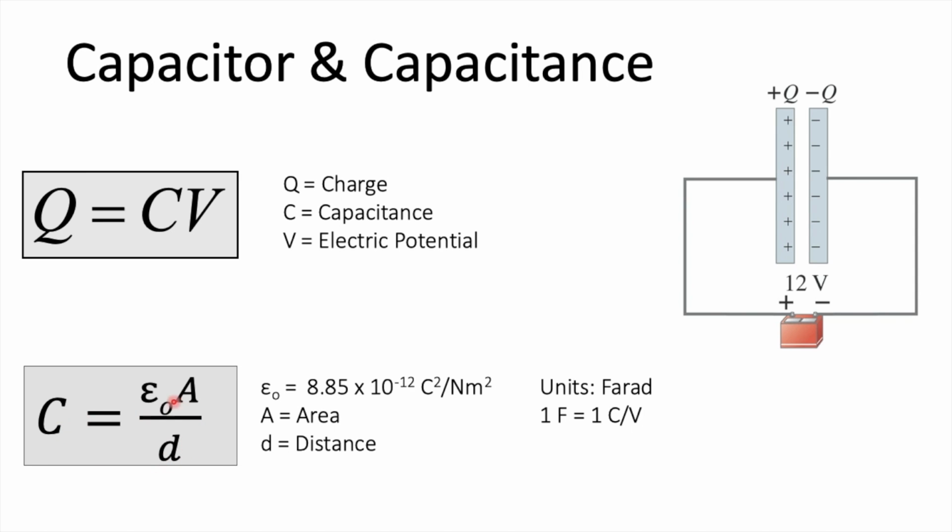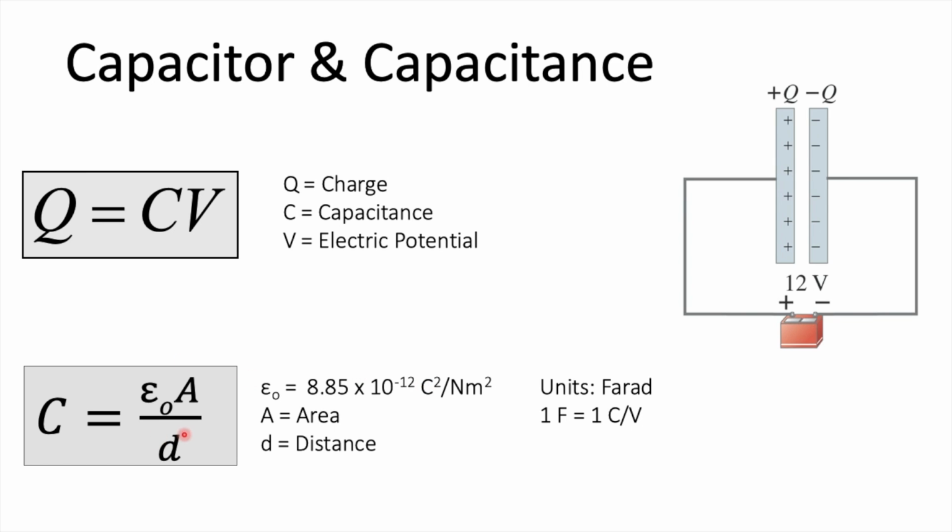It's directly proportional to area and inversely proportional to the distance, and that proportionality sign is replaced by another constant called epsilon naught. This is the same epsilon naught you saw for electric force and electric field. Its value is 8.85 times 10 to the power negative 12 coulomb squared per newton meter squared.